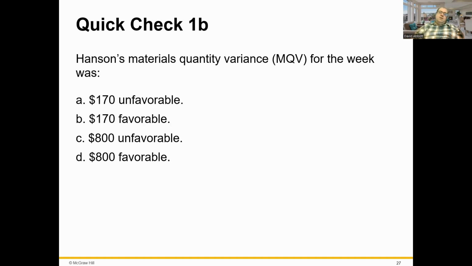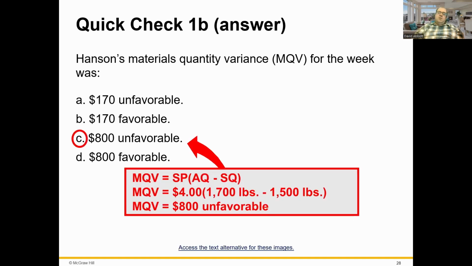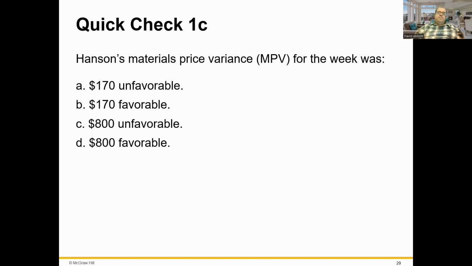And then the material quantity variance for the week was, what was it? It was $800 unfavorable because we took the $4 and multiplied by the difference of 1,700 minus 1,500 to get how much more material was used. So if we multiply that, we come out with $800 unfavorable.